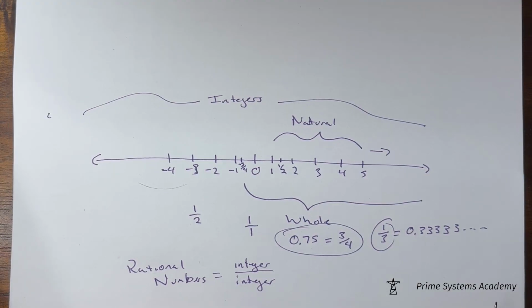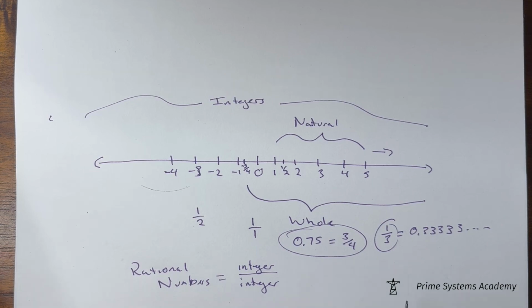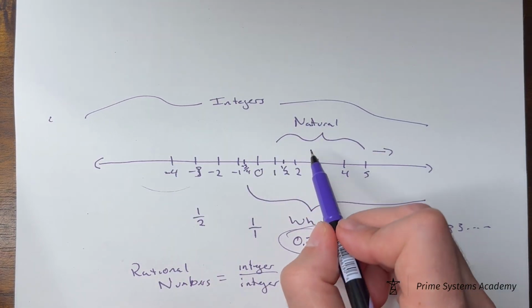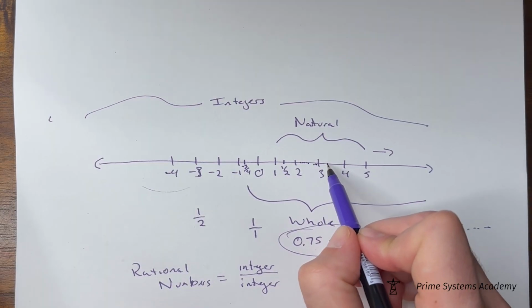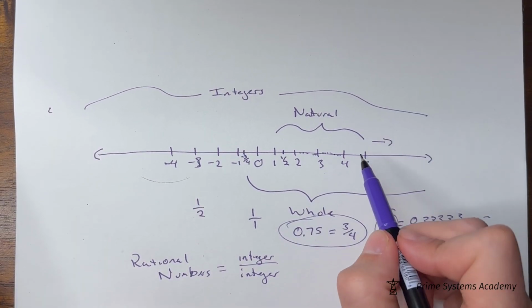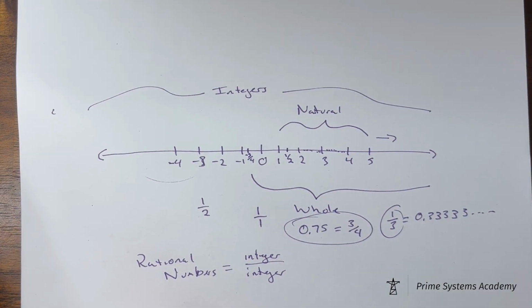And then finally, we got irrational numbers. Irrational numbers are special because they can't be written as a simple fraction. So it's all the other numbers that you'll find in between the integers or the rational numbers that cannot be written as a simple fraction.